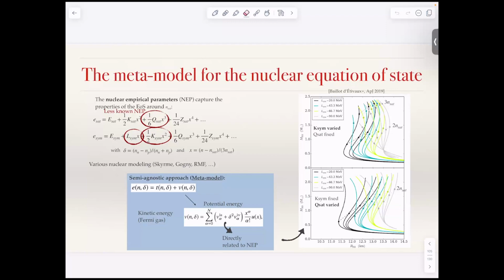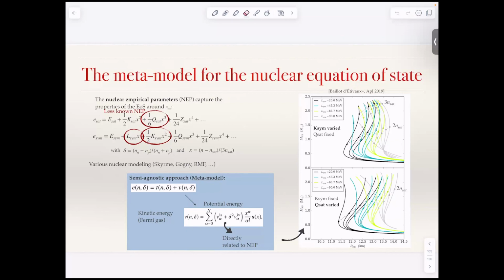No, because maybe it's not really a Taylor expansion. It's a representation, a parameter expansion. You wish to interpret these empirical parameters around saturation density, but this is a mistake. It does not necessarily translate the information.